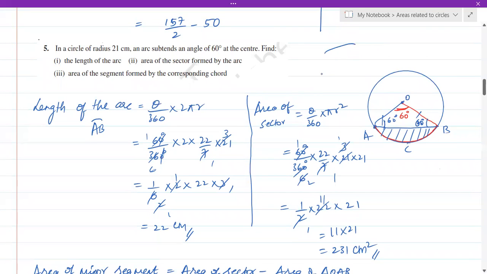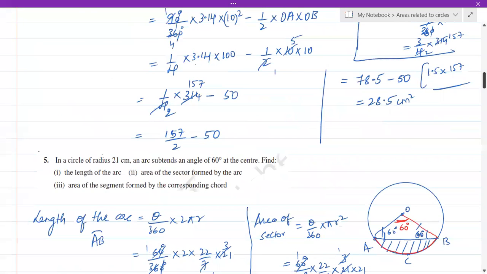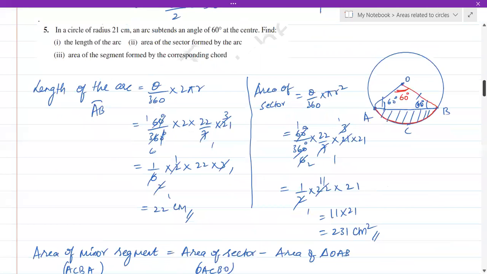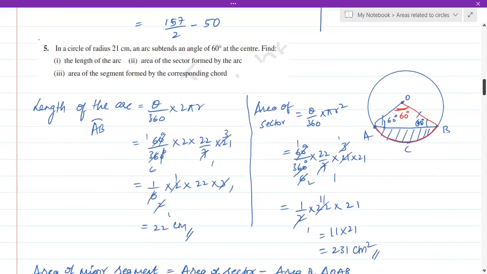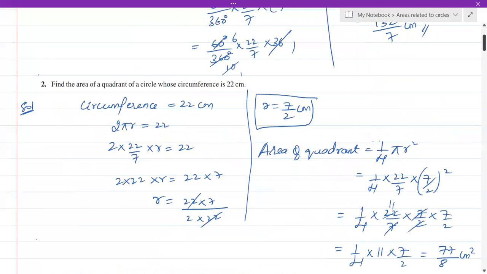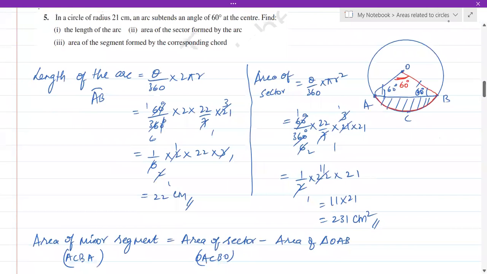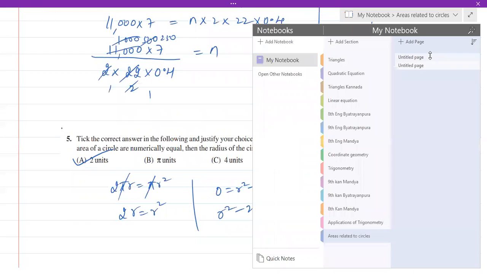If all the angles are 60 degree, then it's an equilateral triangle, right?